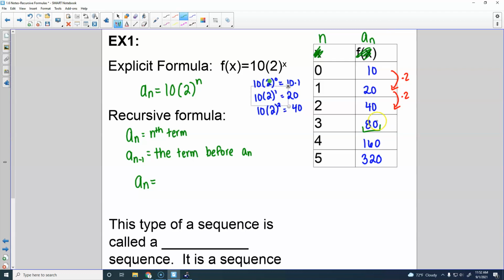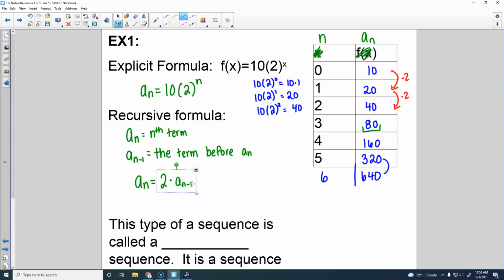If I want to know the 6th term, I would take the term before it and multiply it by 2 and I'd get 640. If I want to know the next one, I take the term before, 640, and multiply it by 2. So our formula here is going to be 2 times a sub n minus 1.